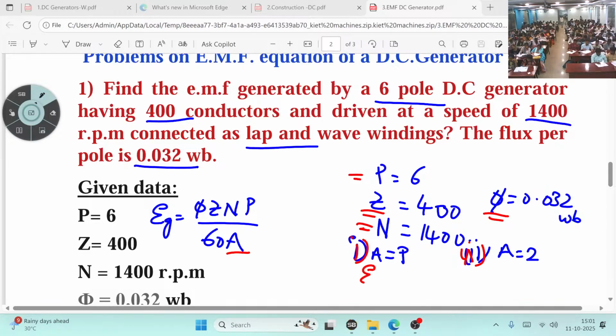What is EG for this? You tell me. What is the value?